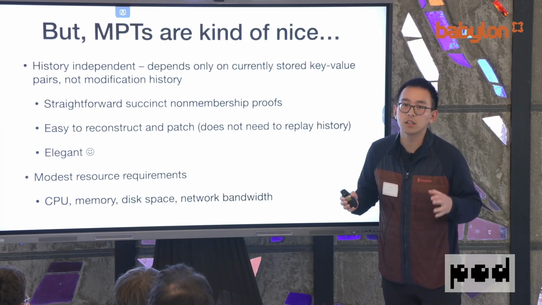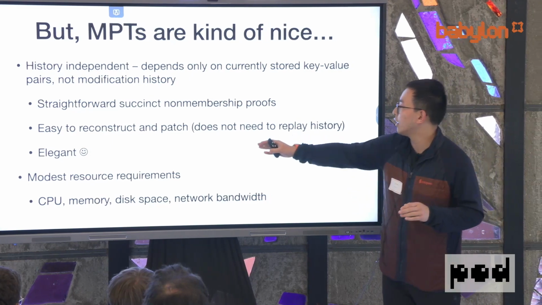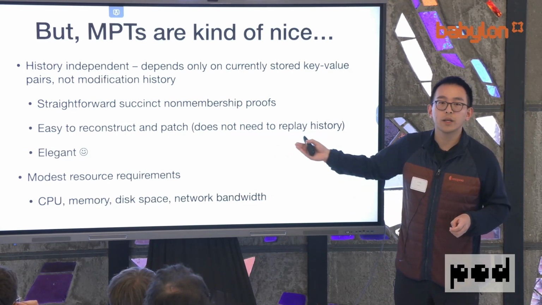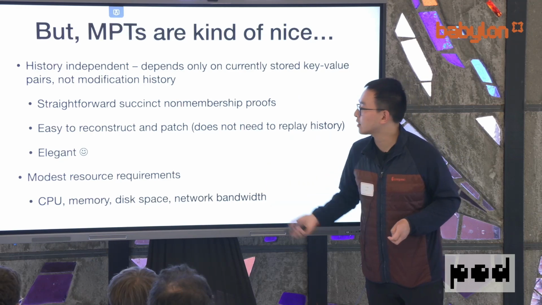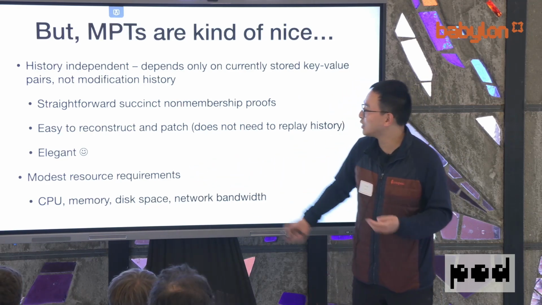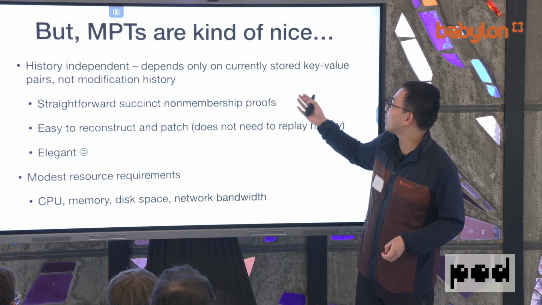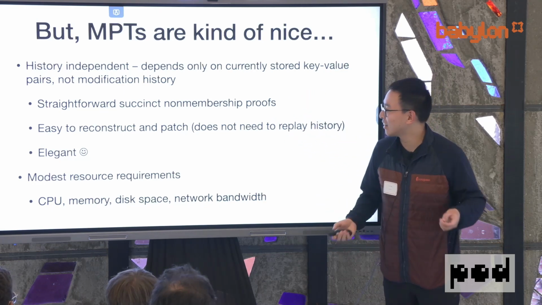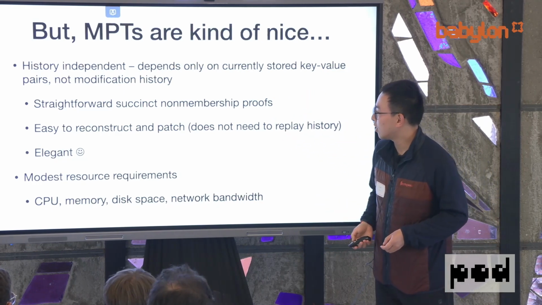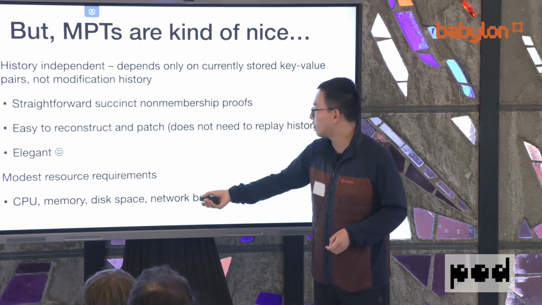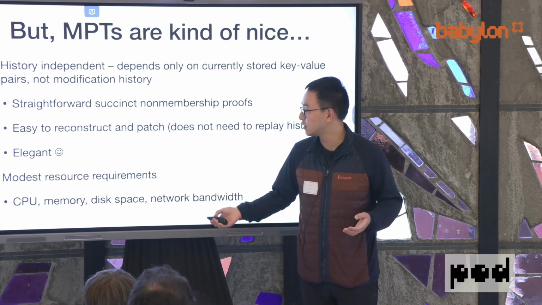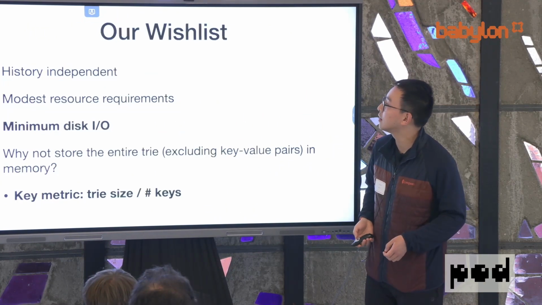You can do whatever you want locally instead of having to follow the history through which the data structure was constructed, right? And also, it's a pretty subjective matter, but having the data structure be a function of the content it stores is a pretty elegant feature. And also, by the way, MPTs have very modest resource consumption because it's just computing a bunch of hashes.